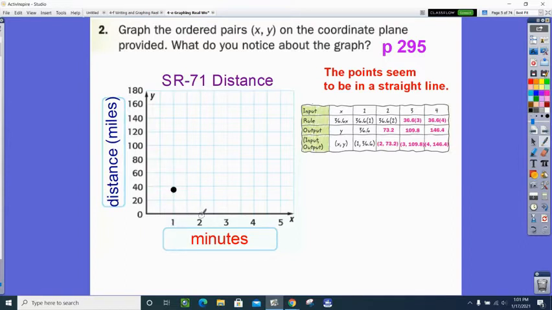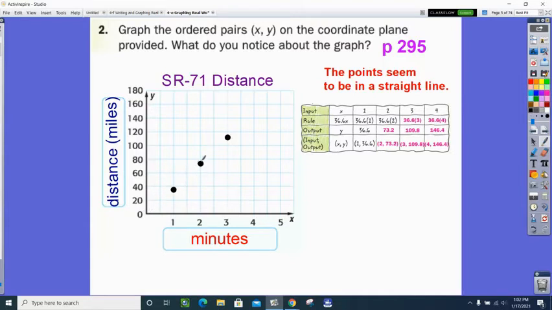The next one would be 2, 73.2, right? So let's find 70: 20, 40, 60, 70, and a little bit more. Are you with me? The next one is going to be 3 minutes and about 110. So 20, 80, 100, halfway would be about 110.